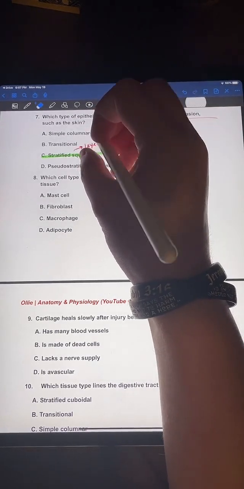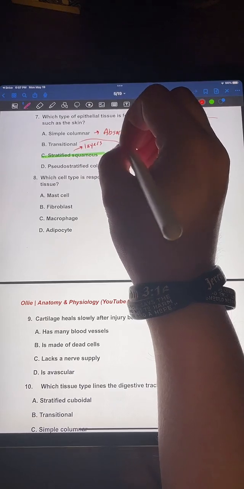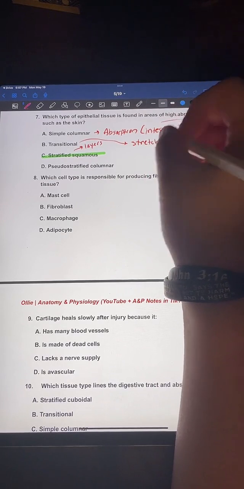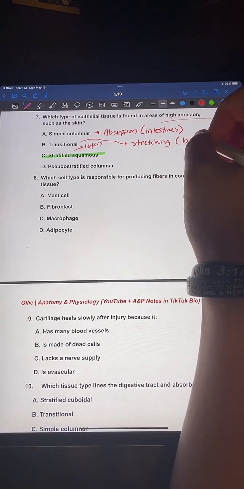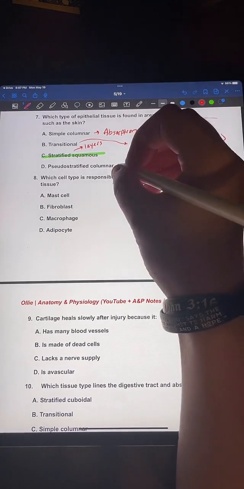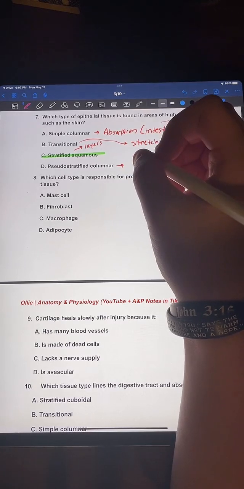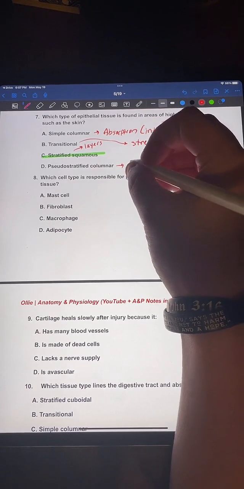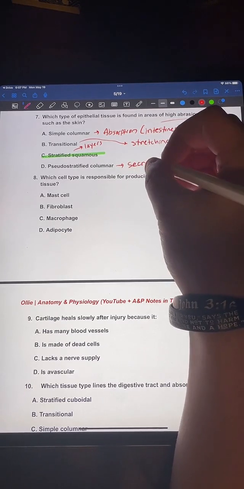Transitional allows for stretching, so the big example is the bladder. And then pseudostratified columnar, this is more for secretion.